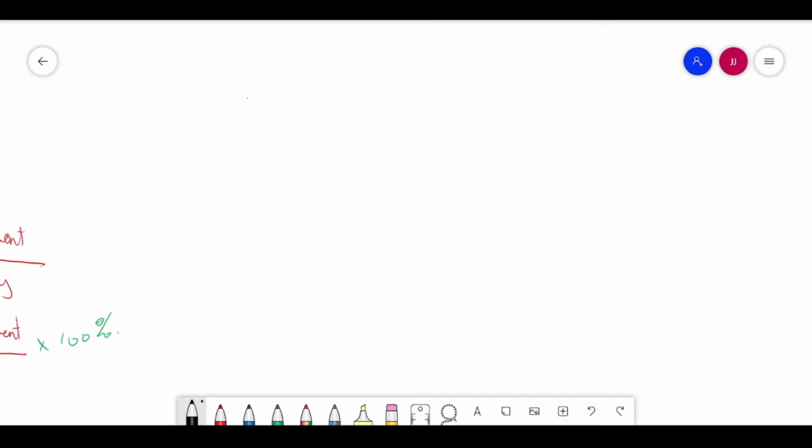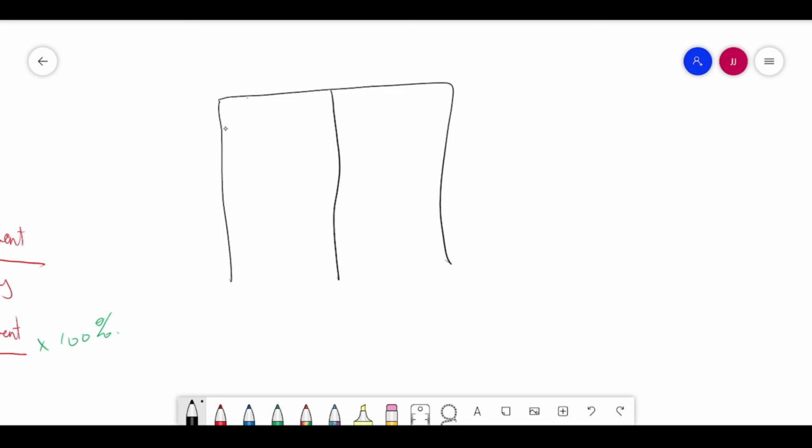So basically we have a particular table here. We have score, and then tally.